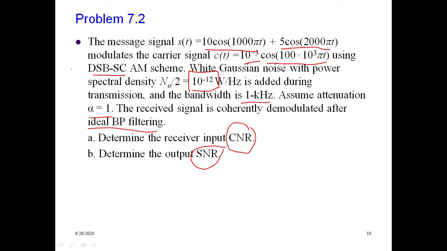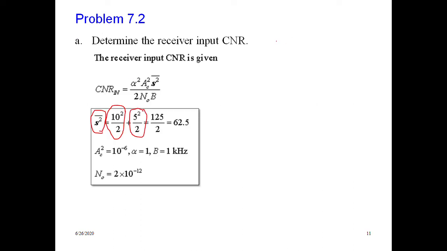You want to find the average of the amplitude of the signal, so we square and divide by 2. So S squared bar is equivalent to 62.5.